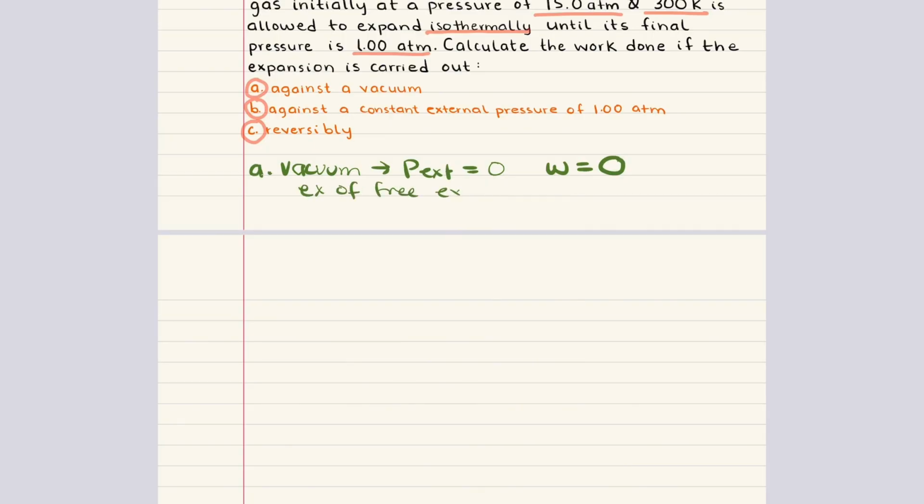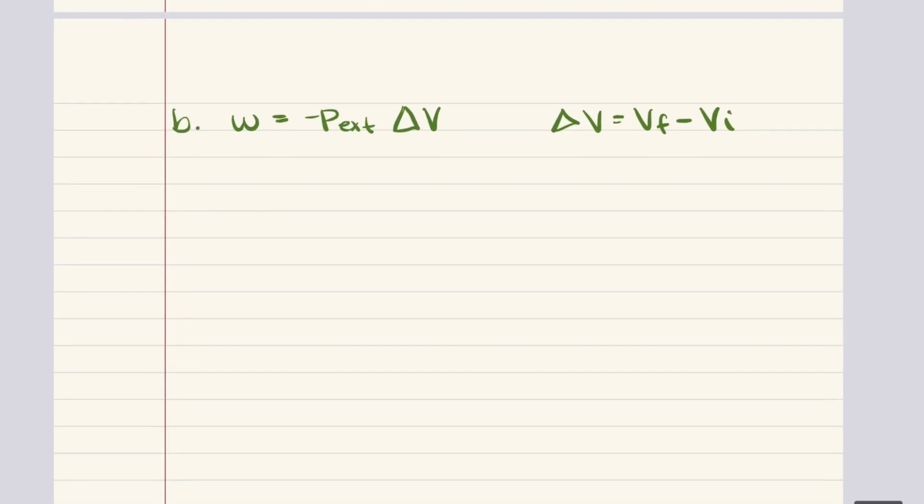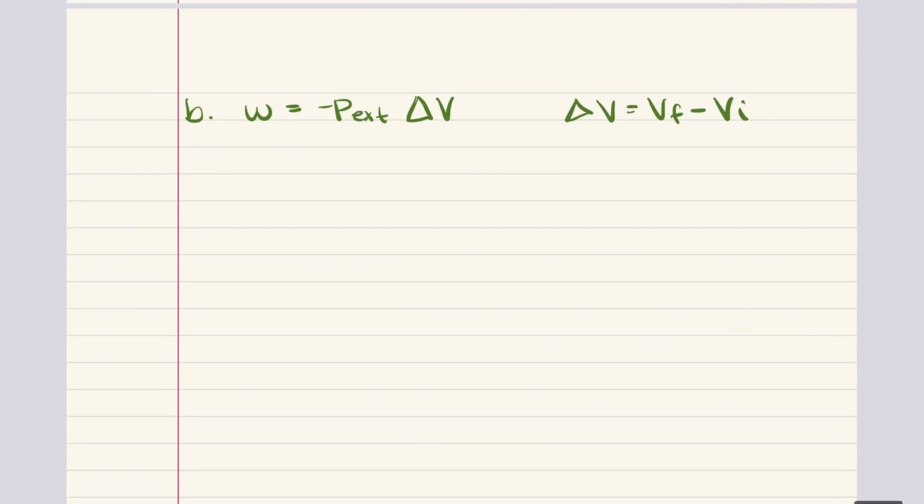expansion against a constant external pressure of 1 atmosphere, we need to find the initial and final volumes first and foremost, and then we can plug them into work equals negative P external times delta V. Volume is equal to nRT divided by P. So we're going to use that formula to figure out initial and final volumes.